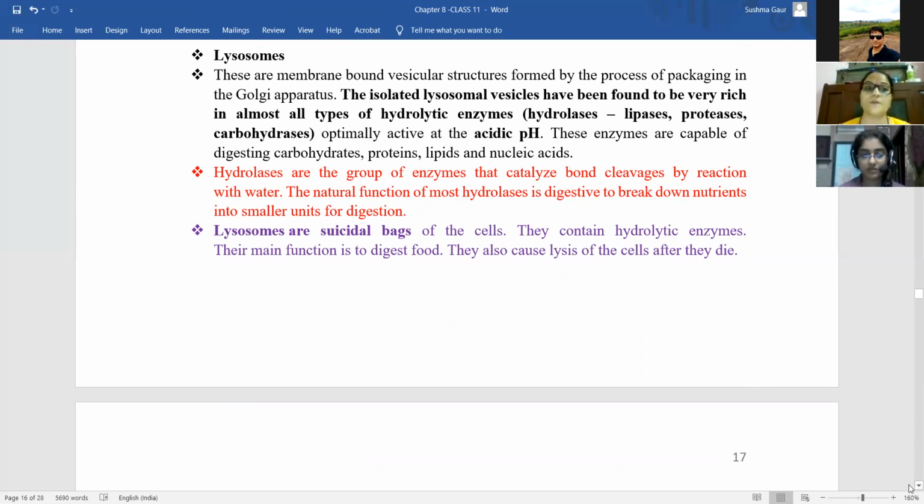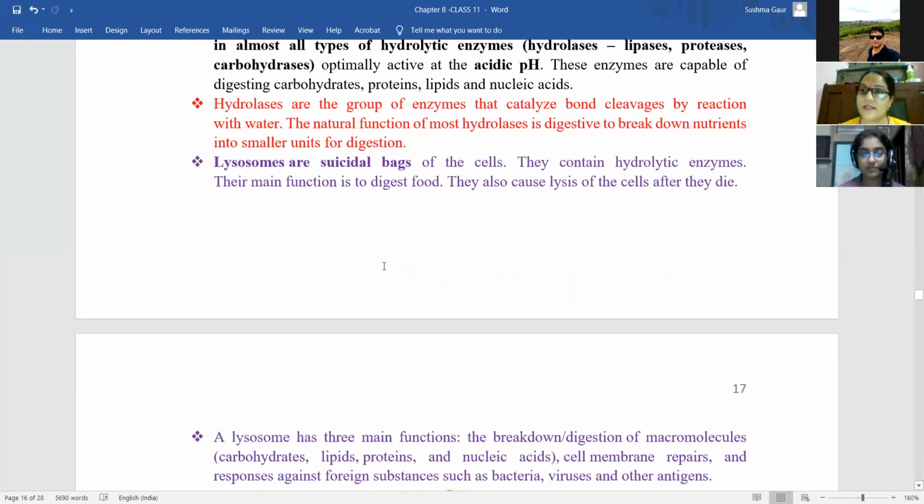So what are hydrolase enzymes? I have added the definition of hydrolase enzyme as well. They are the group of enzymes that catalyze bond cleavages by reaction with water. If someone asks you what hydrolase enzymes are and how they function, you have to say that hydrolytic enzymes are related to water.